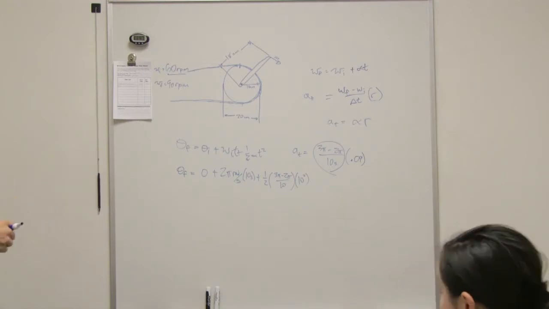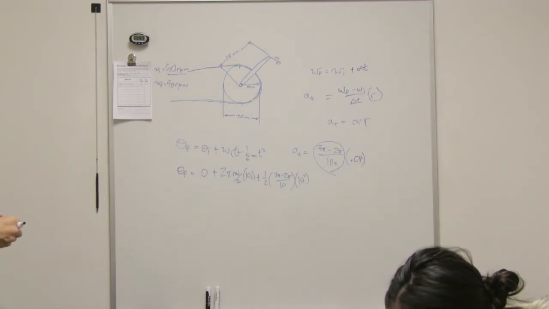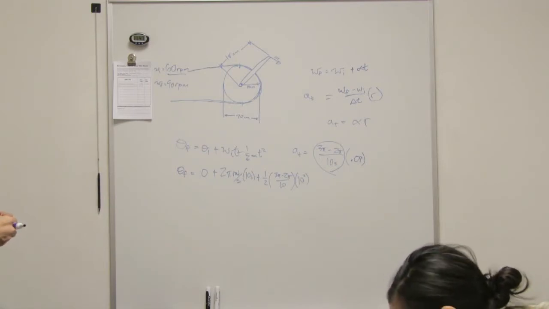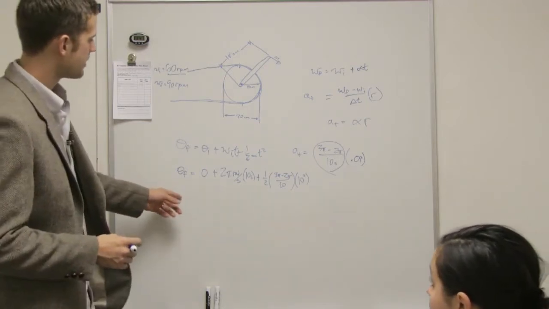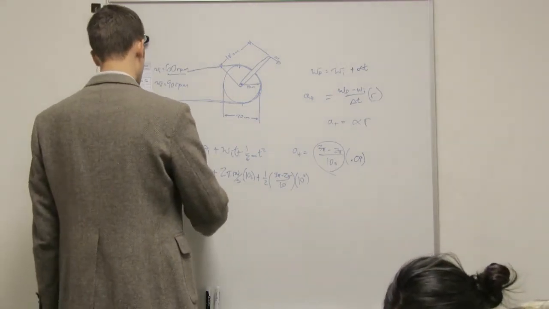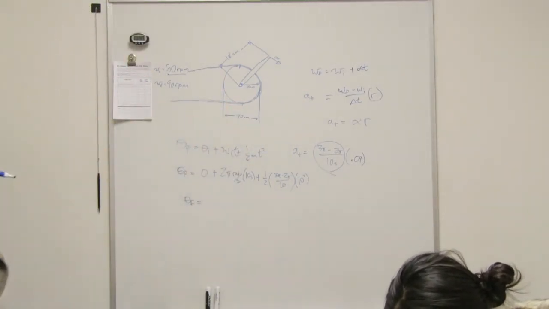So we have 2 pi times 10 plus 1/2 times pi divided by 10 times 10 squared. That'll give you a final angle. So that'll tell you how far it's gone, just in an angle form.